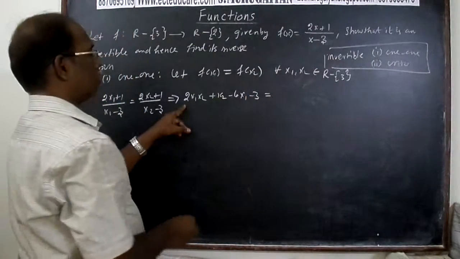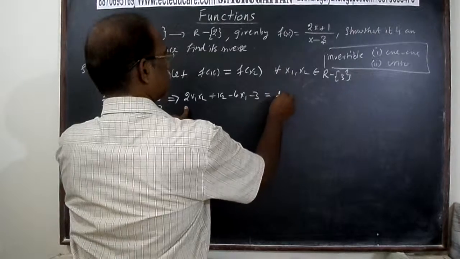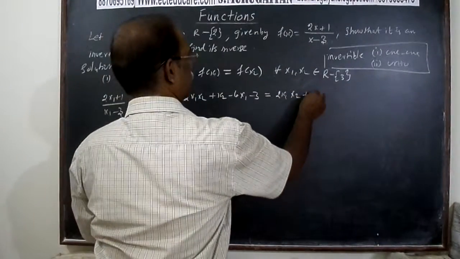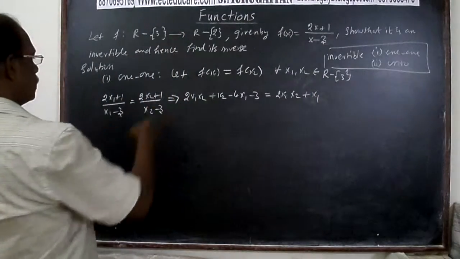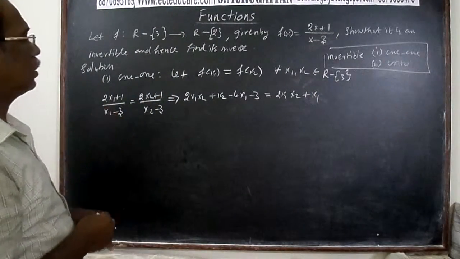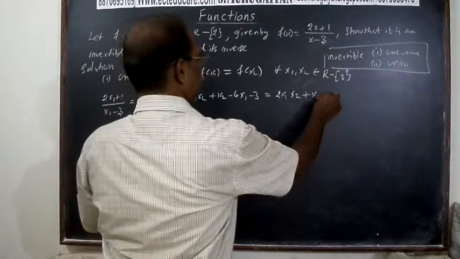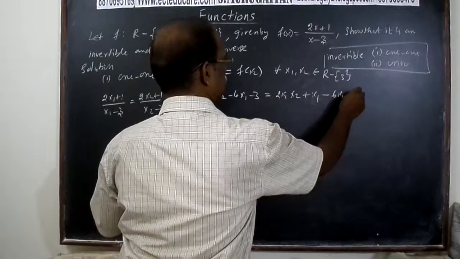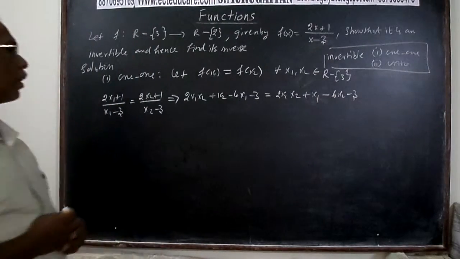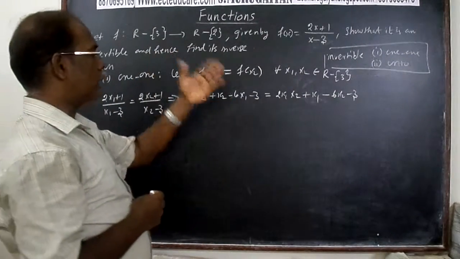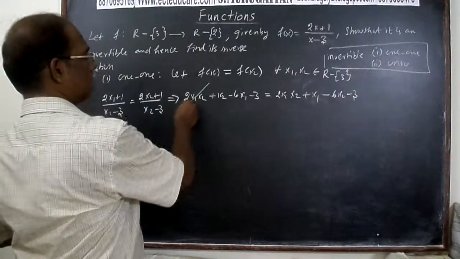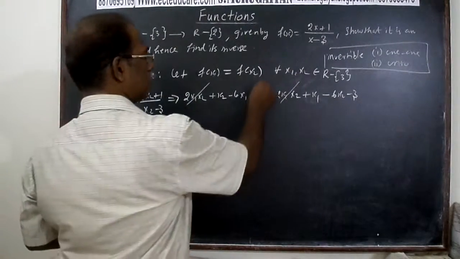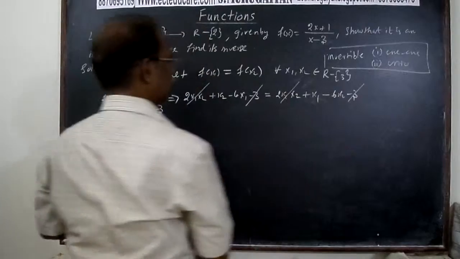The other side 2x1x2, and in the place of x2 it will come x1, cross multiplication 1 times x1. Here minus 6x1, the other side minus 6x2, the constant going to be same. Now what to do? We have to simplify. Just cancel out the same terms on both sides, minus 3 also cancels.